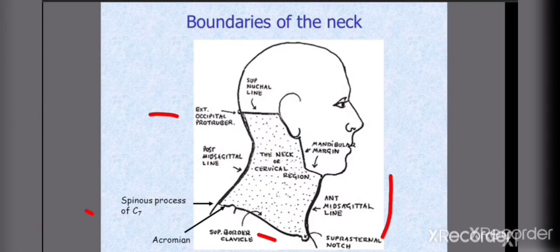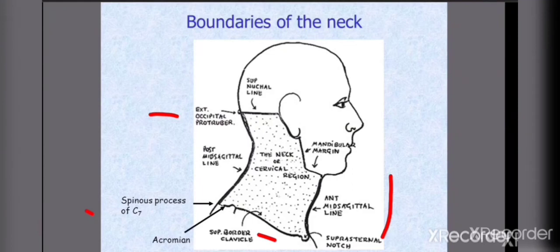So, the boundaries of the neck. In this diagram, we can see anteriorly the neck is bounded by the anterior mid-sagittal line, and posteriorly the neck is bounded from the external occipital protuberance above up to the spinous process of C7 vertebra below.